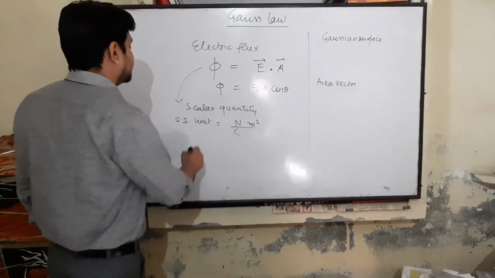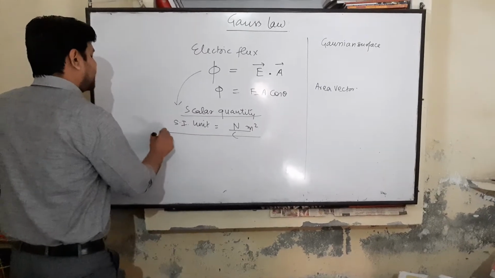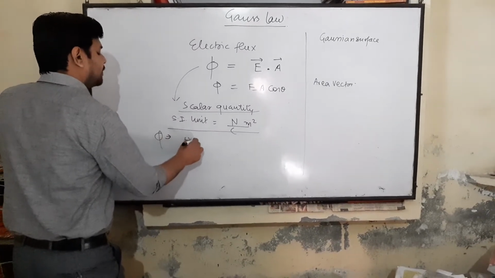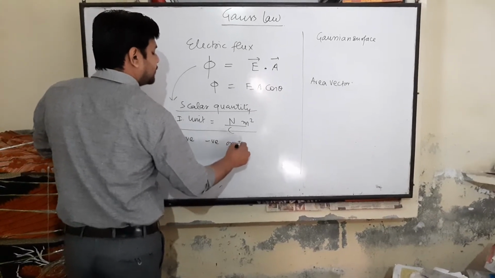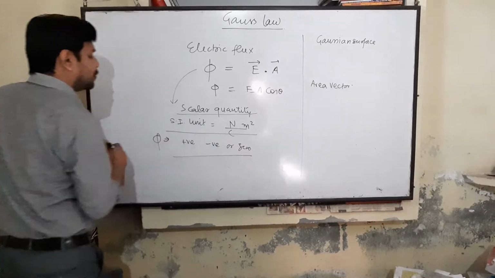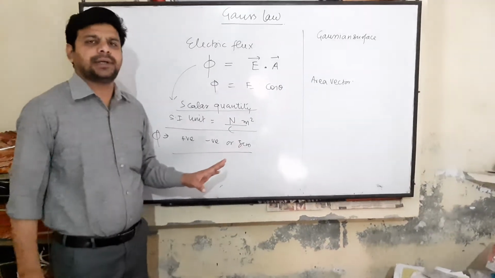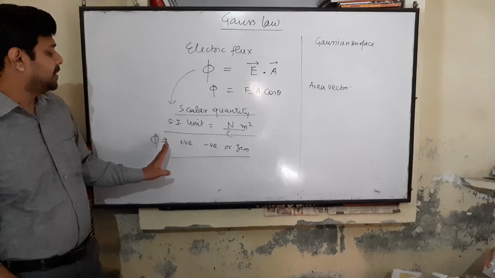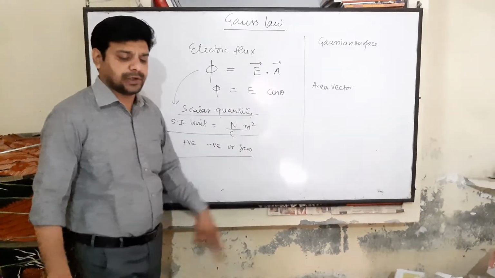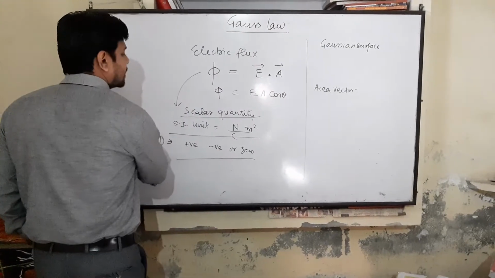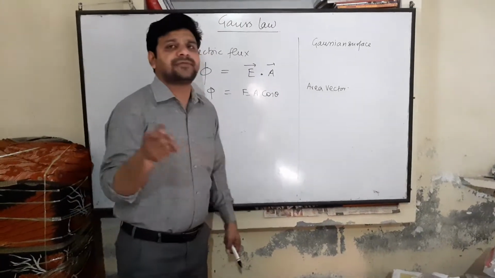This is the SI unit, and it is a scalar quantity. The value of phi may be positive, negative, or 0. It should be noted that electric flux is a scalar quantity. It means it may have a positive value, negative value, or 0 value.